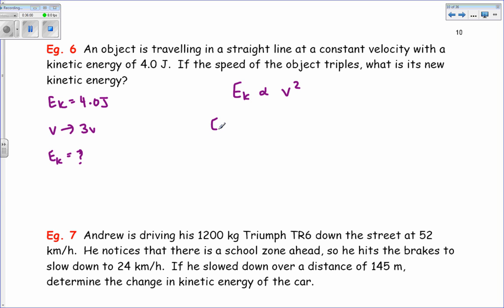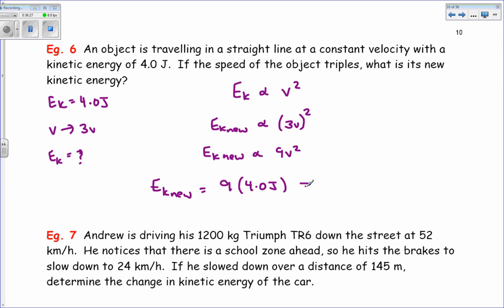So if you square the velocity, we want our new EK, that means that new EK has to be directly proportional to whatever factor we're multiplying velocity by squared. So that EK new is directly proportional to 9 times V squared. So to find our new EK, we're going to take our old EK and times it by 9. So that gives us 36 joules as our new EK.